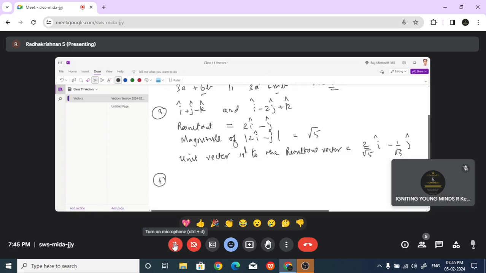A vector OP makes 60 degrees and 45 degrees with the positive directions of X and Y axes respectively. Then what angle does it make with the Z axis?